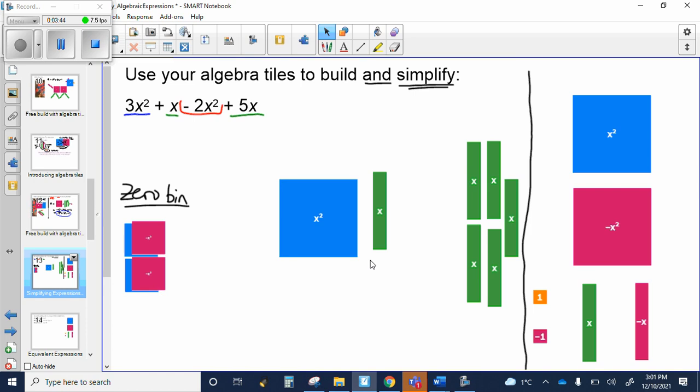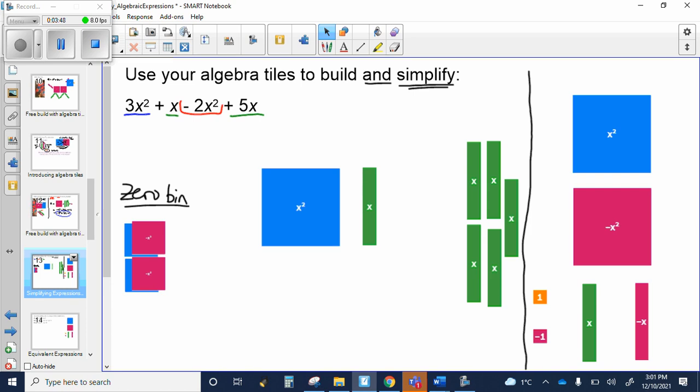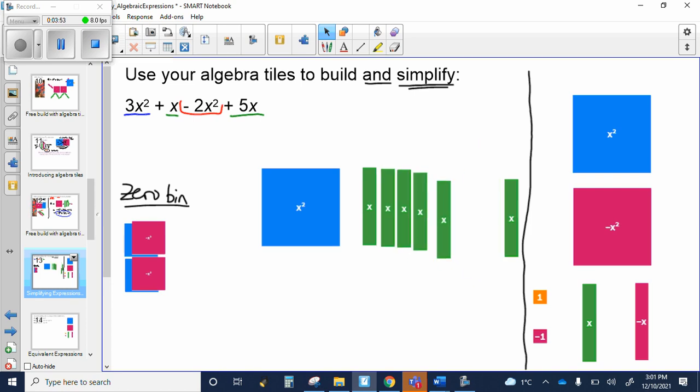Well, there are no more zeros. Because there are no more 0 pairs left, we'll just bring all these terms together. Because they are alike in terms of their area and in terms of the variables being used to build them, we call these like terms.